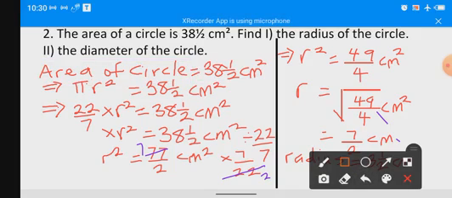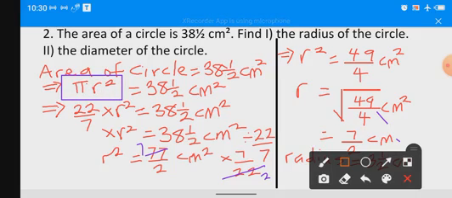After that, we'll replace area of a circle. You know we are looking for radius, so we'll write a formula that contains radius. The formula for area of a circle is pi r squared. So instead of writing area of a circle, we'll write pi r squared.